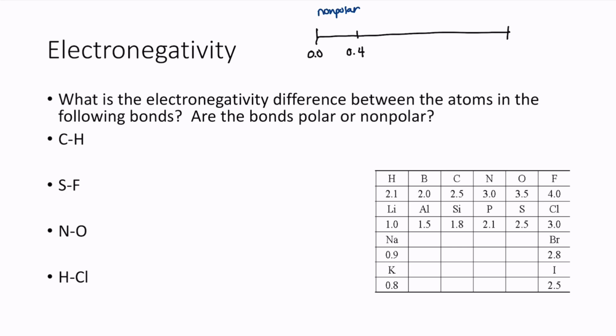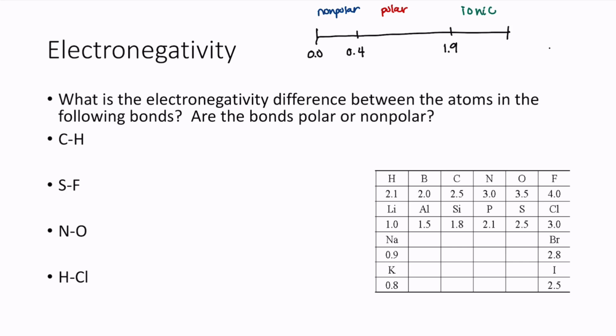From 0.4 to 1.9, this is going to be polar. And then above 1.9 is going to be ionic.